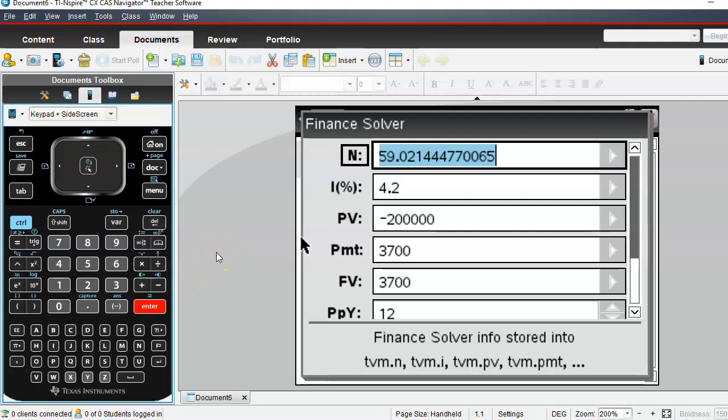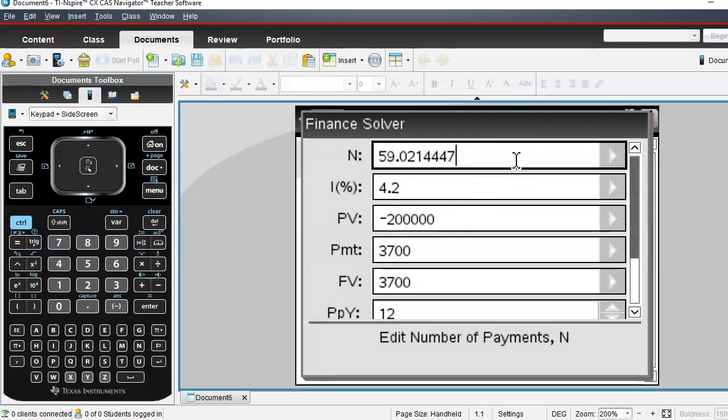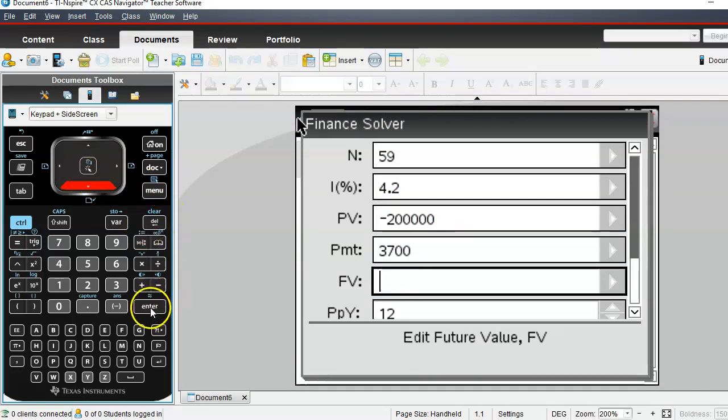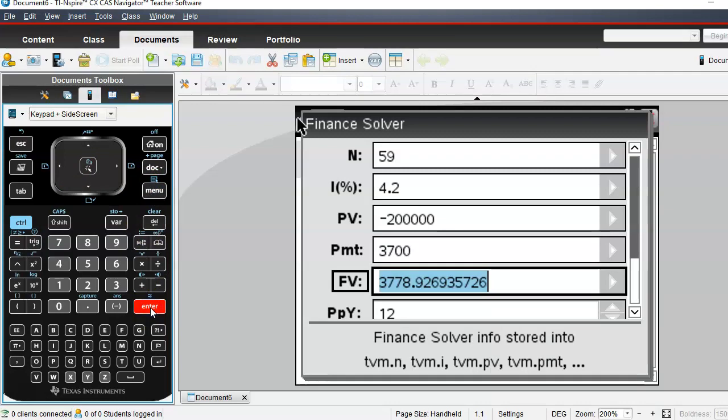Okay, let's have another look at this. After 59 months, how much money is going to be left in our account? At the end of 59 months, we have $3,778.93.